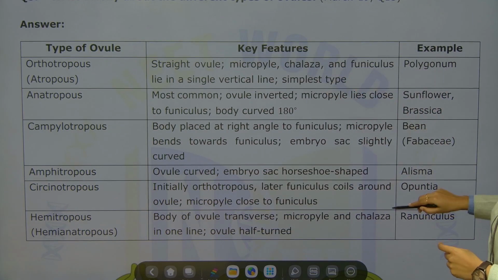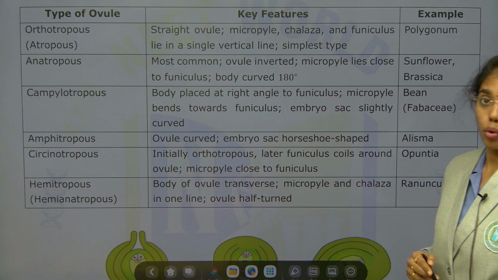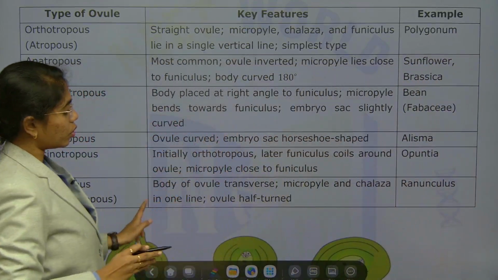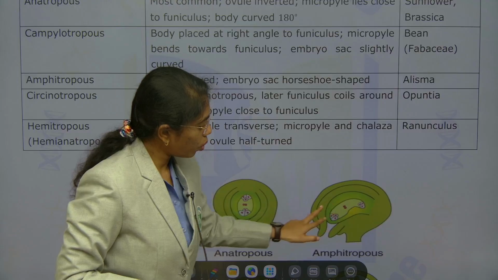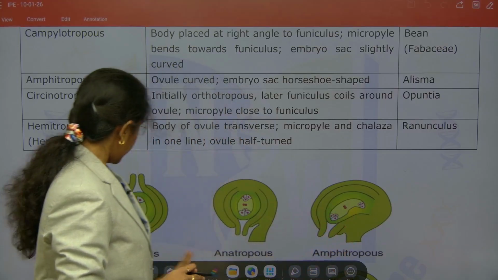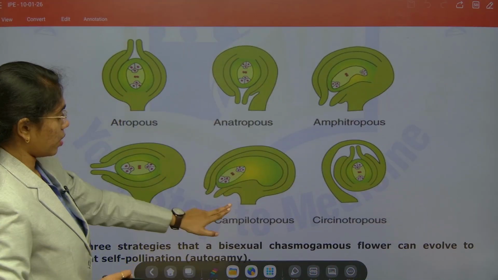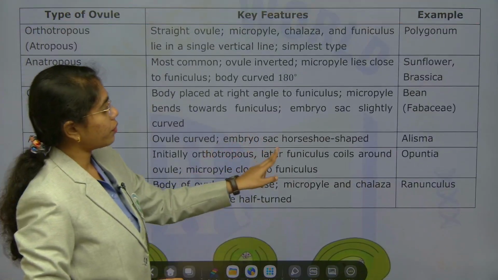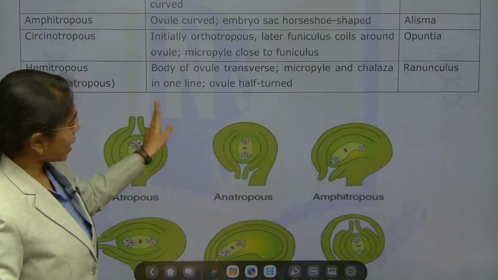Third is campylotropous ovule, where the body of the ovule is placed at right angle to the funicle. Here the embryo sac is slightly curved.